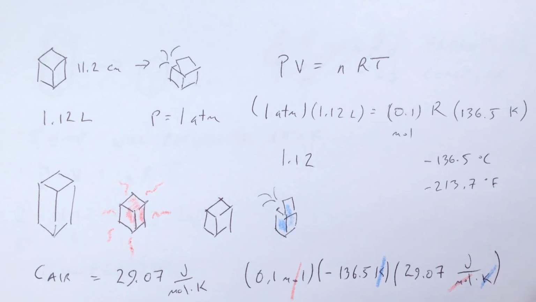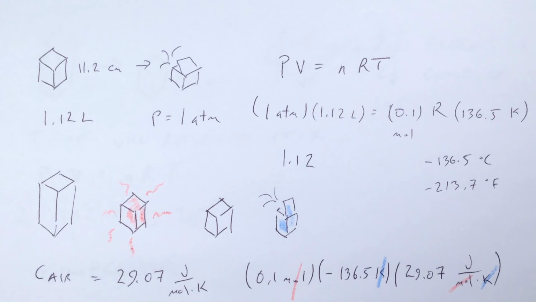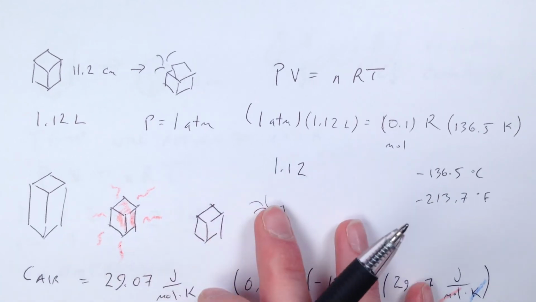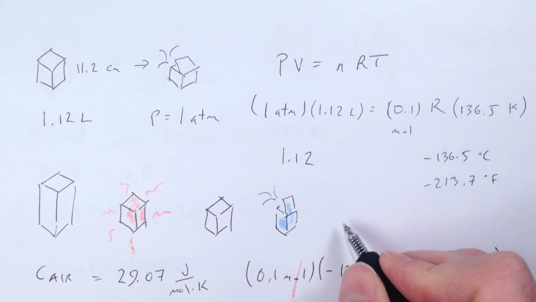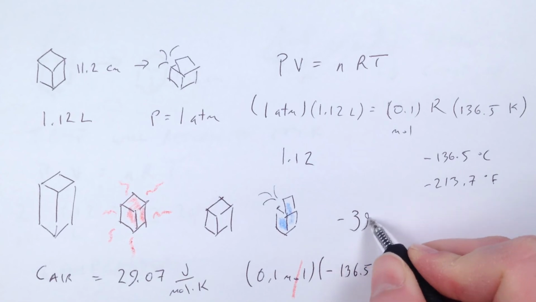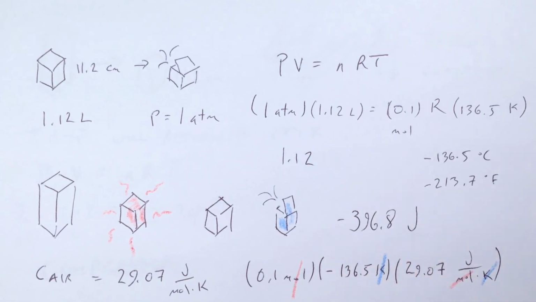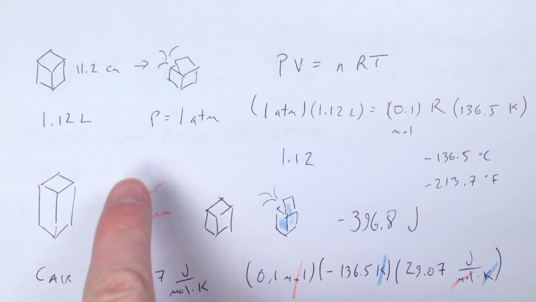Kelvins cancels out. And we're left with joules. This is basically MC delta T, except M is moles instead of mass. So when you multiply these together, 0.1 times negative 136.5 times 29.05, you actually find that over the course of this process, this air lost 396.8 joules. That's how much energy was lost as heat here.